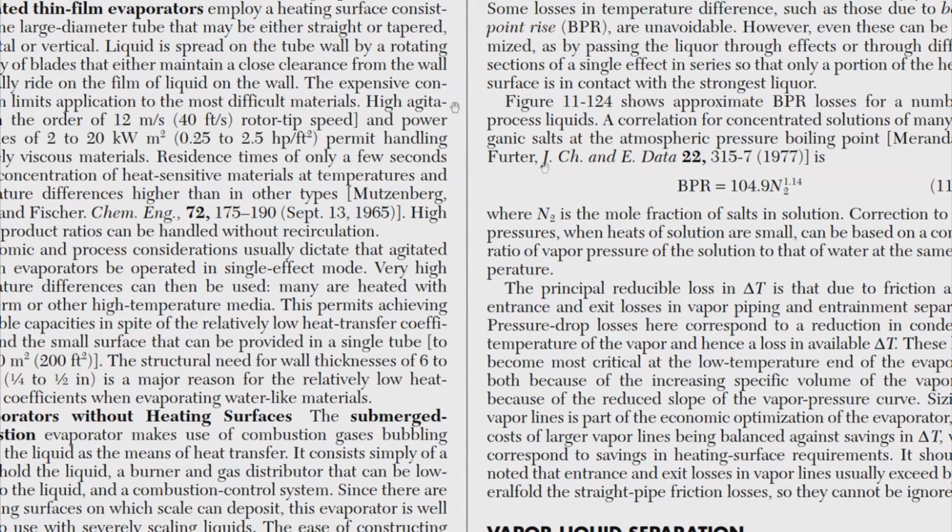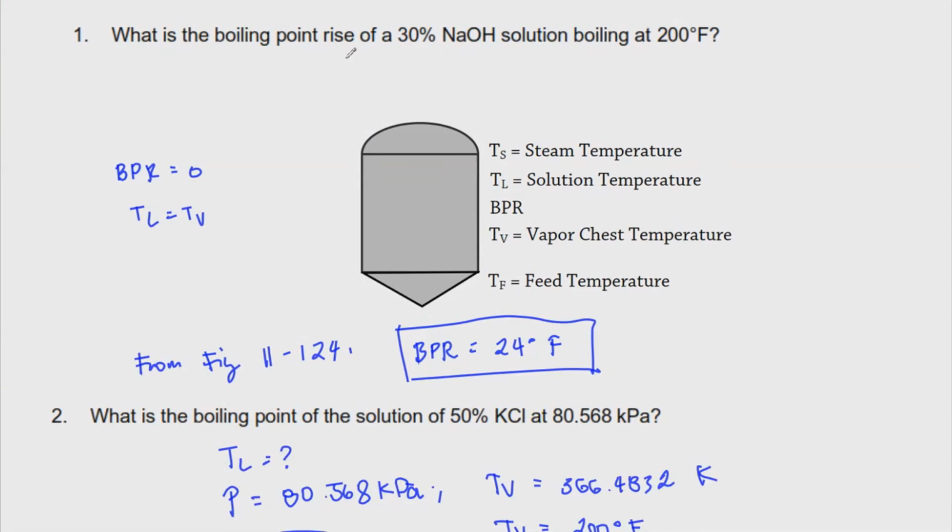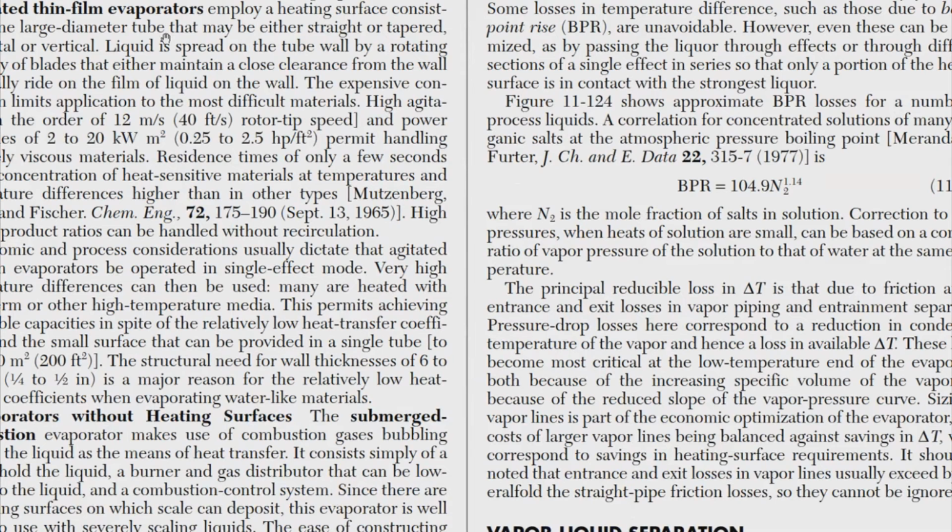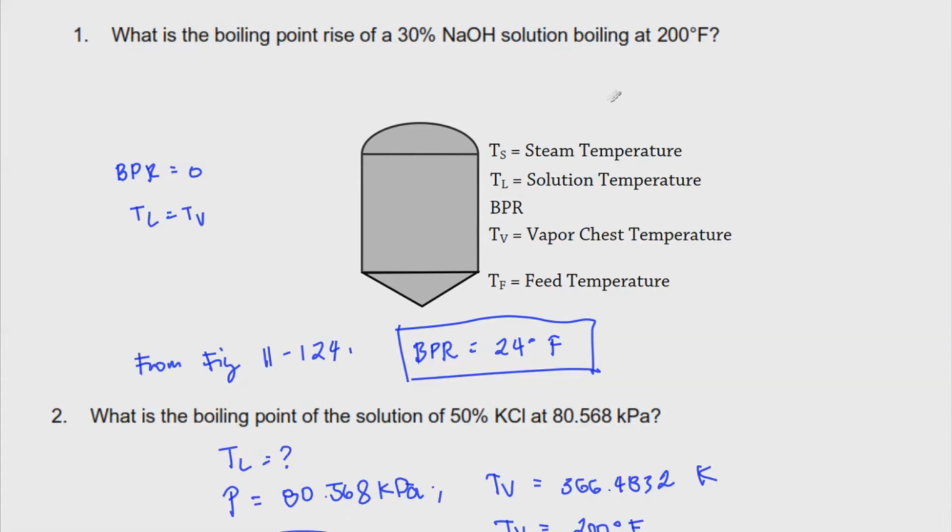So, if you have something like 30% sodium hydroxide, we know that that's around 30 grams sodium hydroxide and then around 70 grams water. So if you take the mole fraction of this, X of NaOH, this is equal to 0.1617.